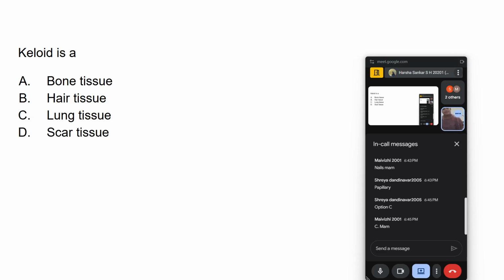Keloid is a dash tissue. Any idea what keloid is?